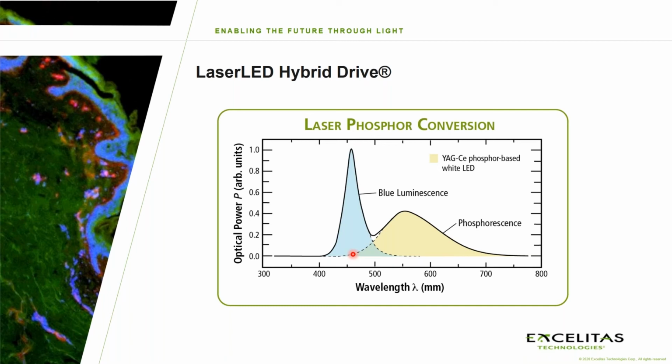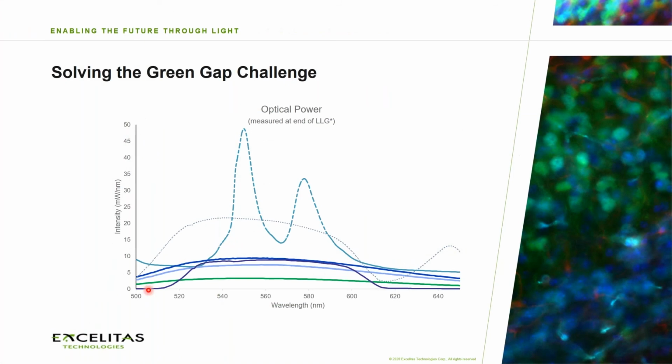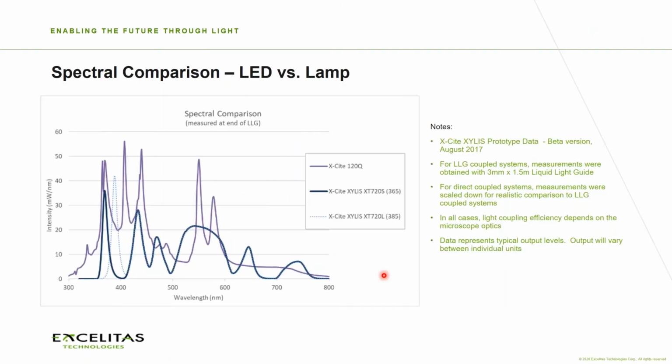You can see now that we're getting a lot closer to the mercury peaks than we were, of course, in the beginning, which was the green graph. So we're getting there, and we're getting stronger every time. So here now, if you look at the spectrum of a lamp in the purple, and you look at the spectrum of one of our newest products, which is in the dark blue or black, you can see now that we're pretty close to where we should be as far as the mercury peaks.